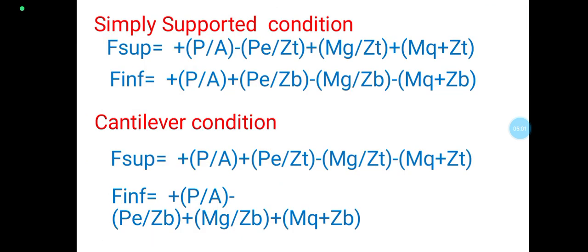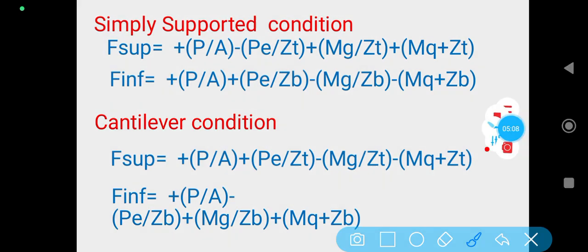And therefore, for the simply supported condition, the final resultant expression, F superior stands for the topmost fiber and F inferior stands for the bottommost fiber.